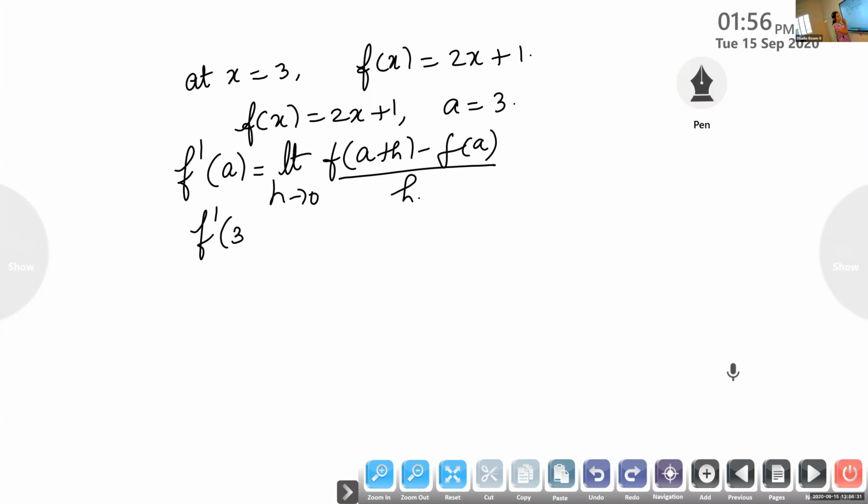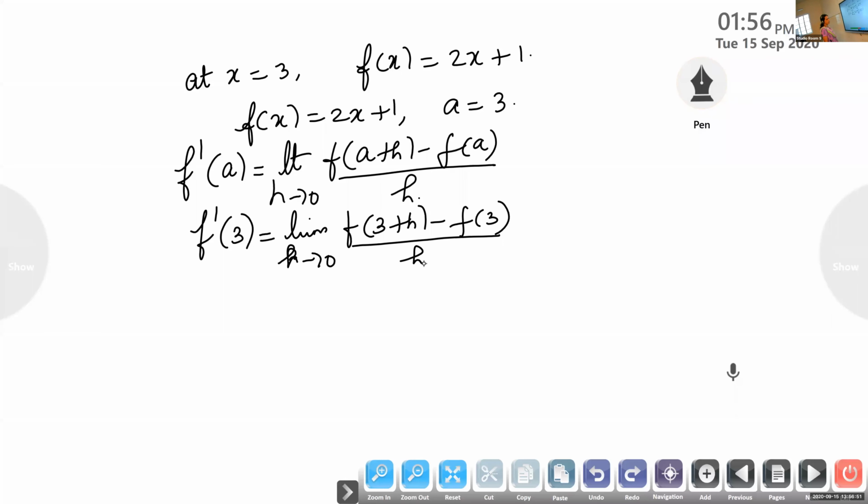Listen, you can write afterwards. So what is f dash of 3? It is limit h tending to 0, f of 3 plus h minus f of 3 by h.